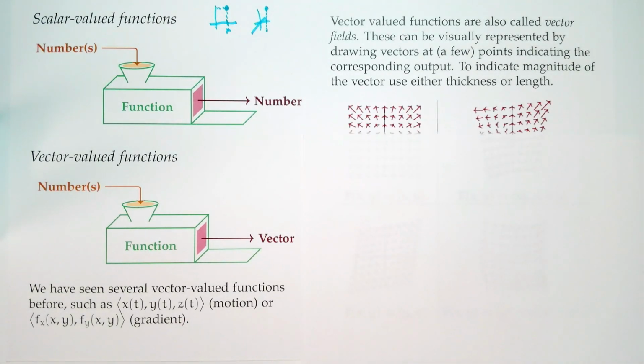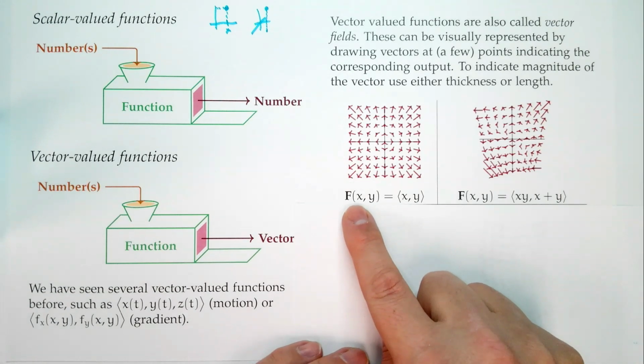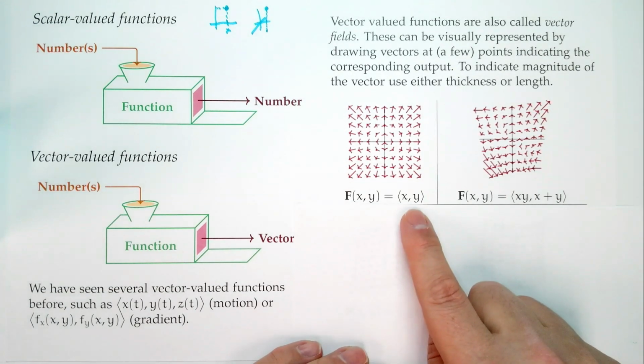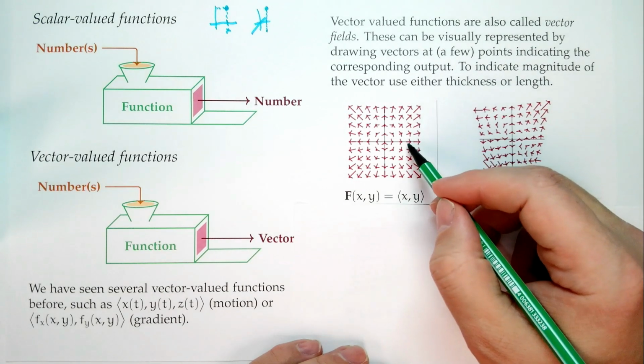So let's look at a couple of these. Here's an example. Suppose I look at my vector-valued function, capital F of x y, is x comma y. What that says is we pick a point. For instance, we might pick a point here.